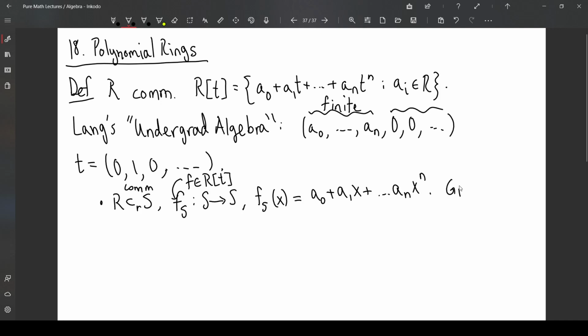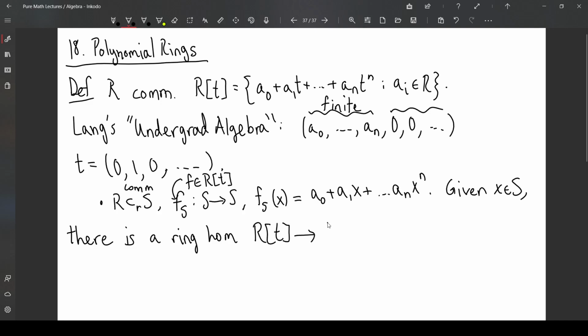So given a fixed element x in S, there is a ring homomorphism from R of t to S, which sends f to f sub s of x.